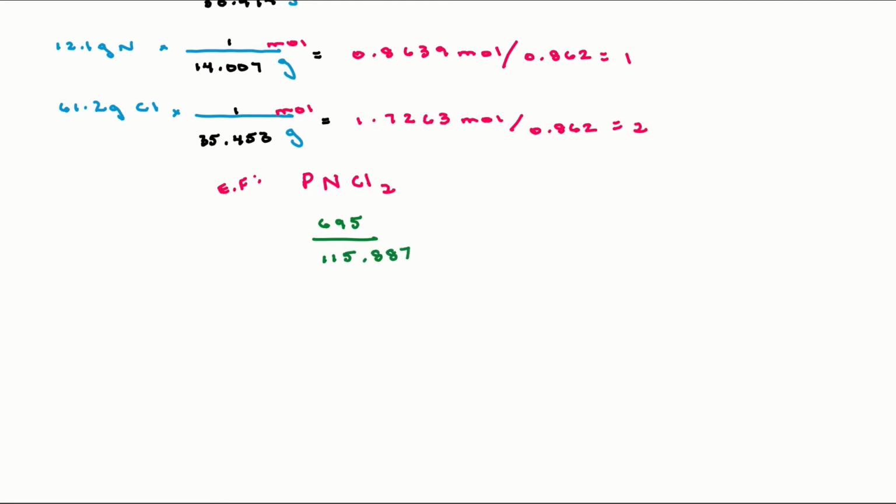So I'm going to take 695 and divide by that answer. What I end up getting is 5.997, so that's going to be 6.